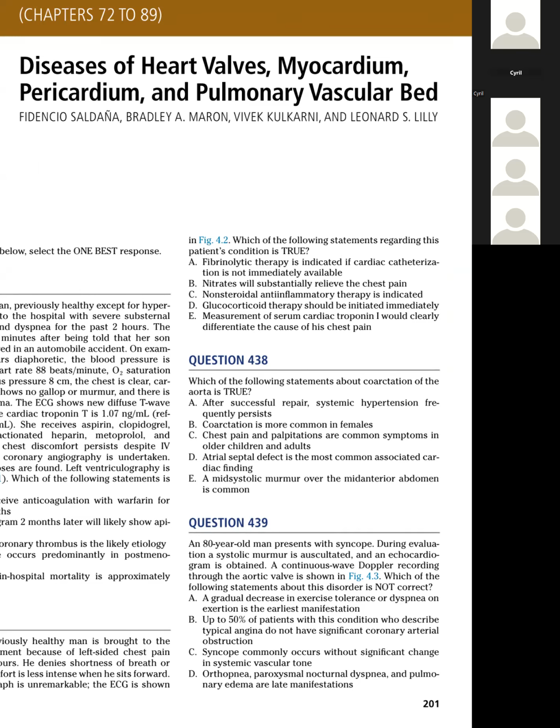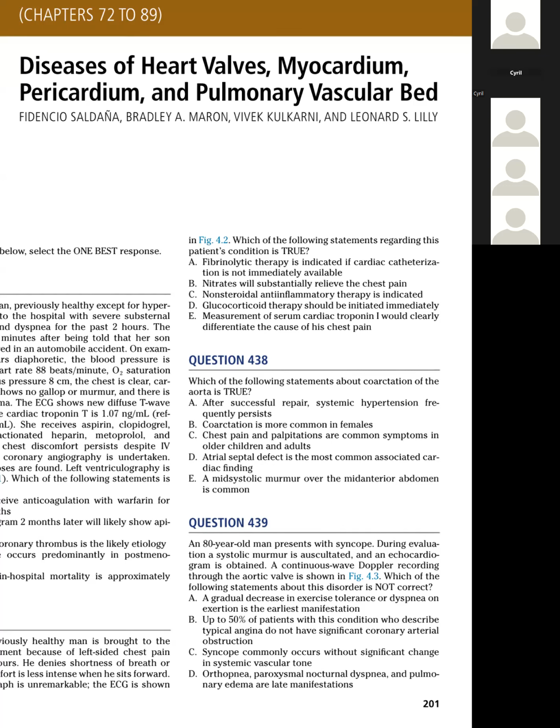Going for A, gradual decrease in exercise tolerance or dyspnea on exertion is the earliest manifestation. Cannot take that out in a hurry. B, up to 50% of patients with this condition who describe typical angina do not have significant coronary artery obstruction. That most likely is true.